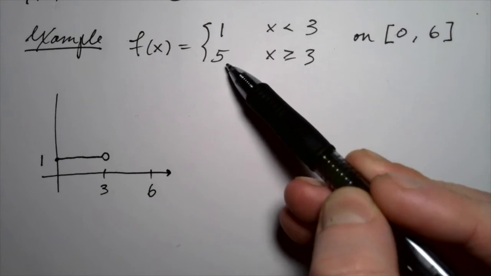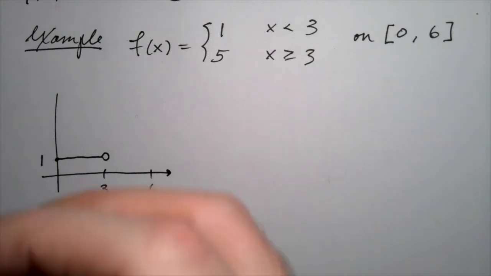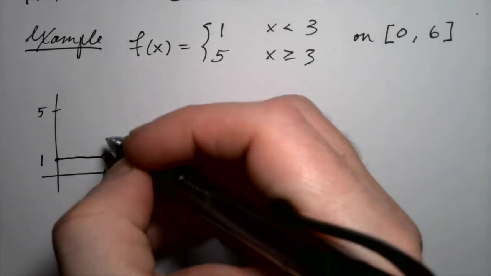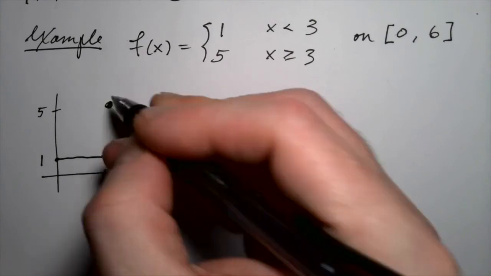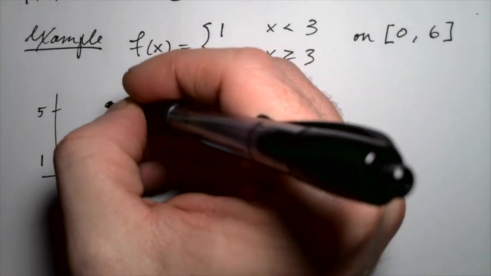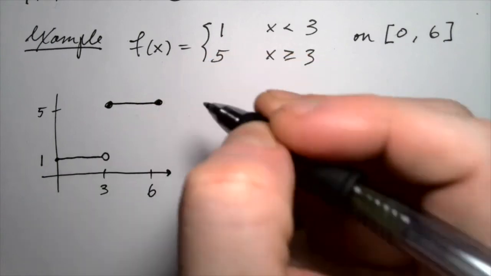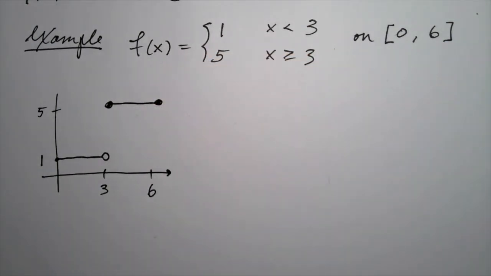Because at x equals 3, it jumps up to a value of 5. So here it is up at 5. If you plug in 3, you'll get 5, and then it cruises along until it reaches 6. We're only going to consider this function in between 0 and 6. All right, so that function is clearly not continuous. There's this big step discontinuity at 3.